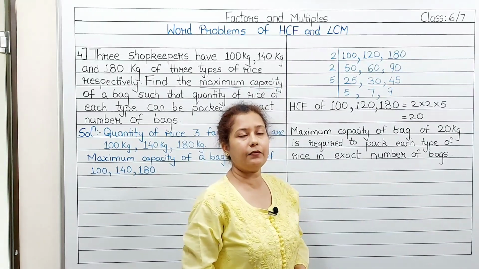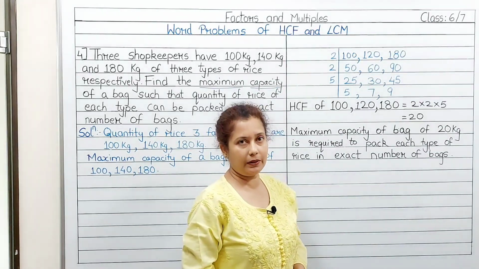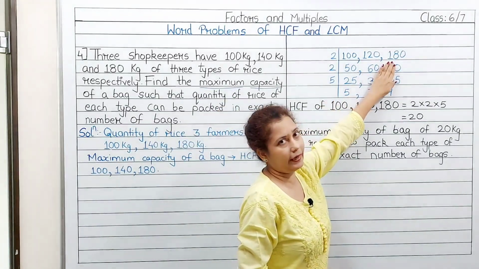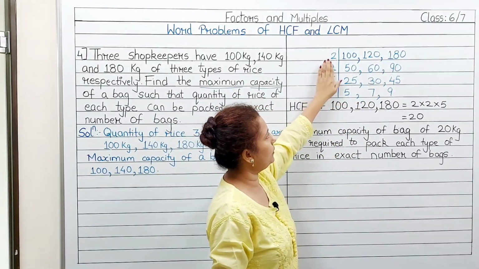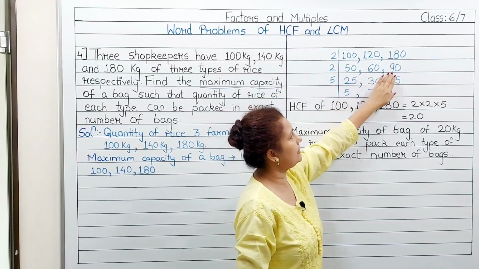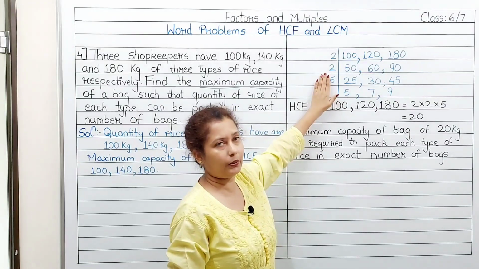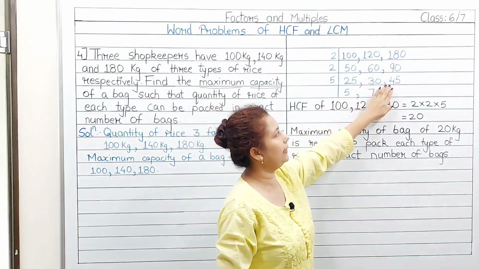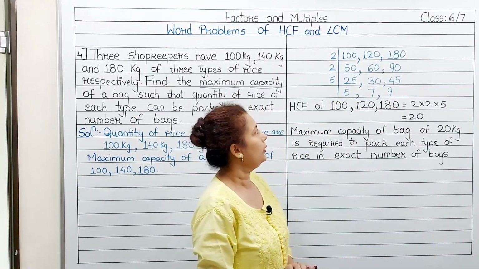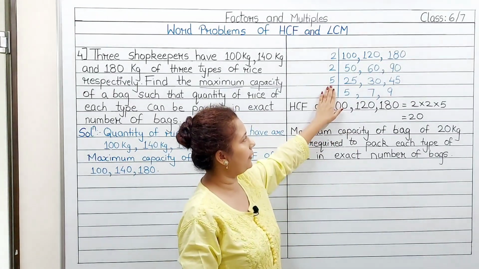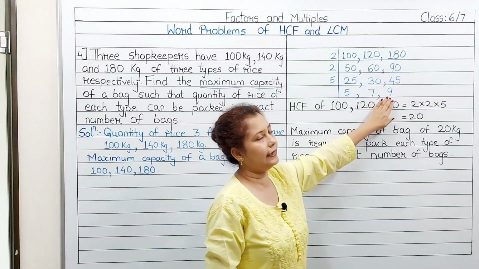I will find the HCF of these three numbers by the common division method. 100, 140 and 180 are divisible by 2, so we will get 50, 70 and 90. When these are divided by 2, we get 25, 35 and 45. These are divisible by 5, so we get 5, 7 and 9.